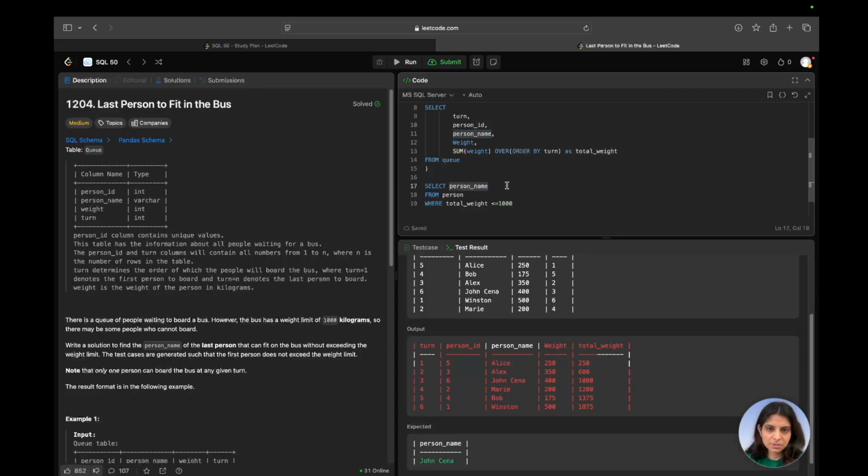And I will order it by total weight descending. So right now what I'm saying is to return all those passengers' names where their total weight is less than or equal to 1000, ordered descending. So I'll get the highest total weight in the first row, then I can just get the top one person.